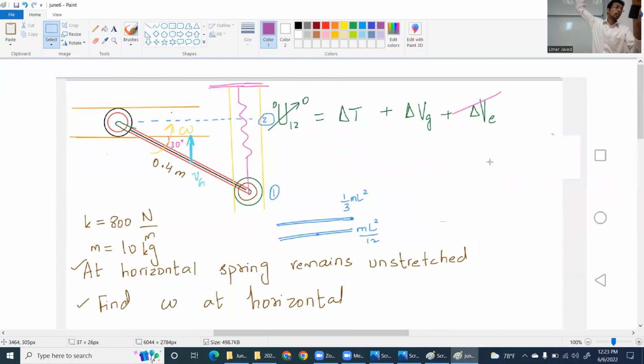The question says a horizontal spring remains unstretched. Find the omega at horizontal. The K value and the M values are given. The theta of 30 degrees is given. The length of the rod is given. The mass of the rod is 10 kilograms, whereas the ends that have those little wheels are massless, I think.